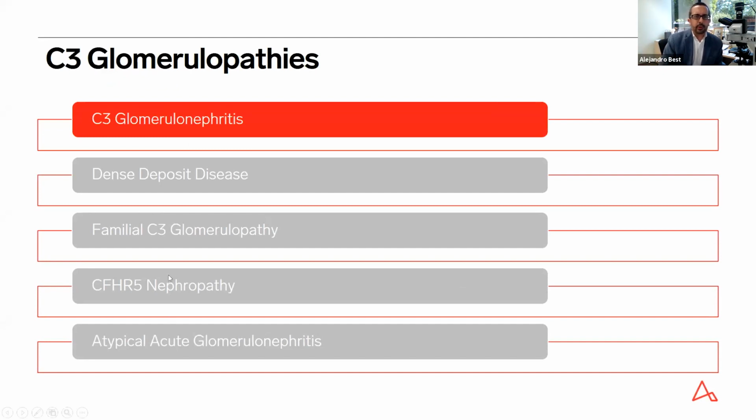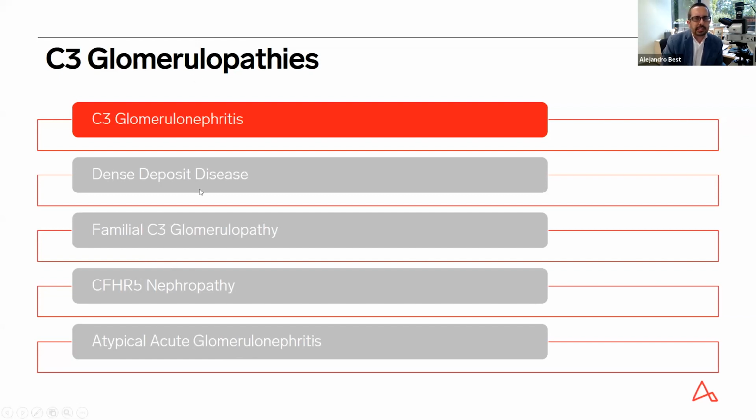So C3GN, or C3 glomerulonephritis, is part of a group of diseases. The umbrella term is C3 glomerulopathies. The two main diseases included in this umbrella term are C3 glomerulonephritis and dense deposit disease. There are other genetic or hereditary diseases, and the atypical acute glomerulonephritis that Chris really nicely talked about.